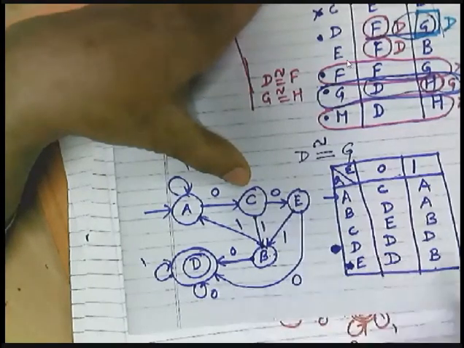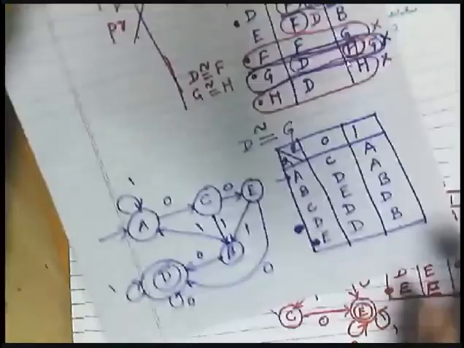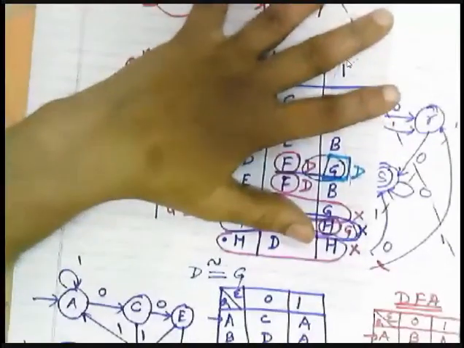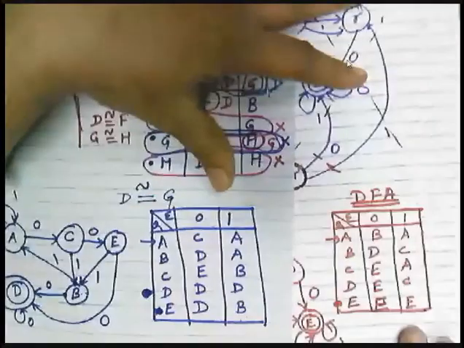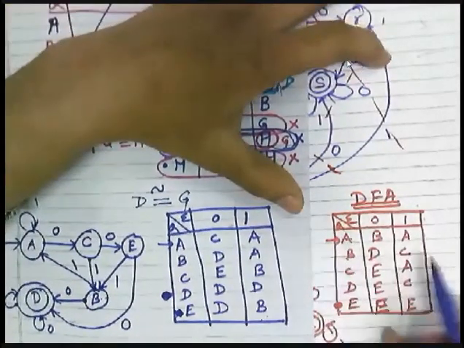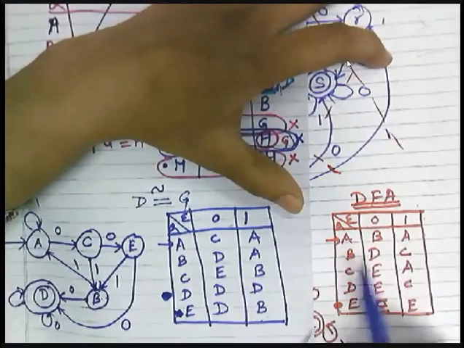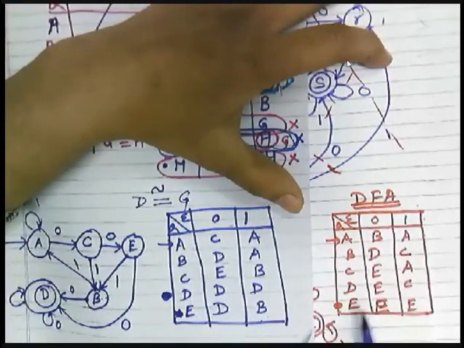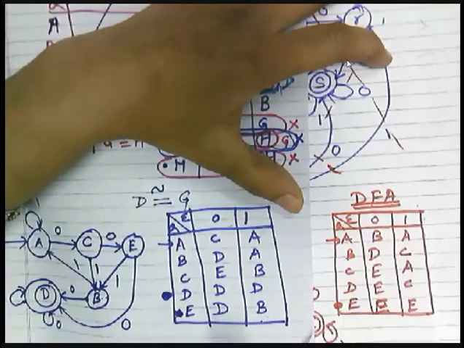And E on 0 moves to D. And now compare this diagram with the one just drawn. Are you able to see? Okay, only our nomenclature differs. So if we want to show the equivalence, there are 5 states here also. Now here D is the final state, here E is the final state.